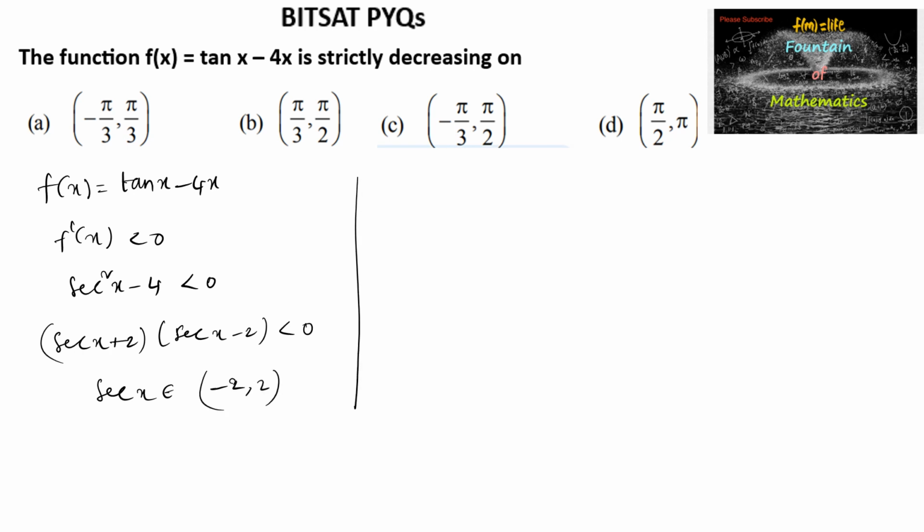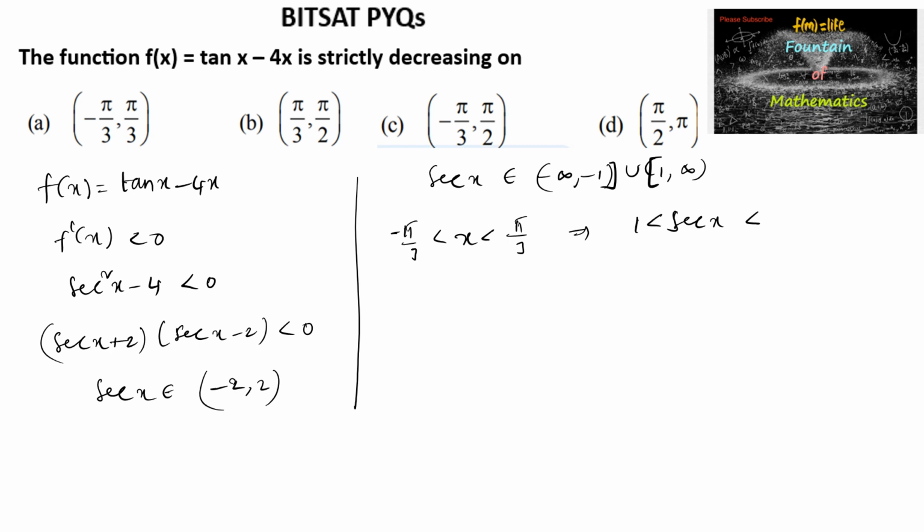So let us check the interval. Since we know that the range of secant x is minus infinity to minus 1 union 1 to infinity. So let us consider the interval for x lies between minus pi by 3 and plus pi by 3. Secant x will lie between, because secant of minus pi by 3 is also positive 2, so it lies between minimum 1 and up to 2.